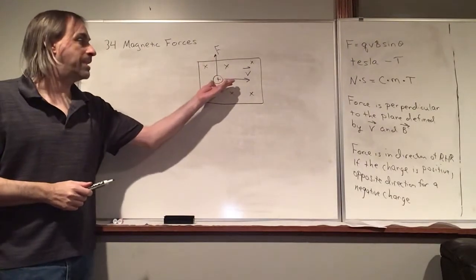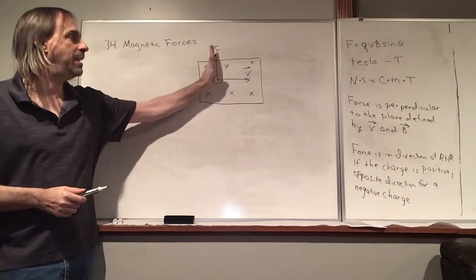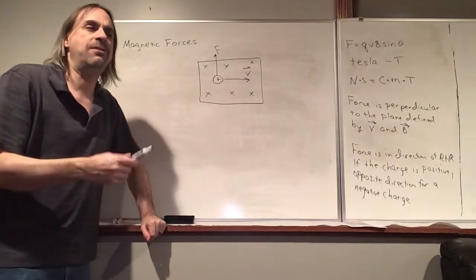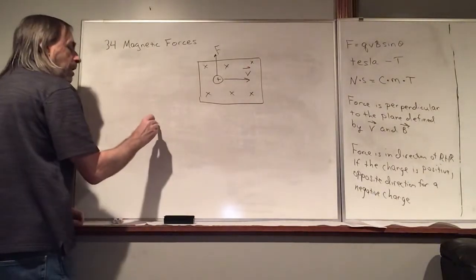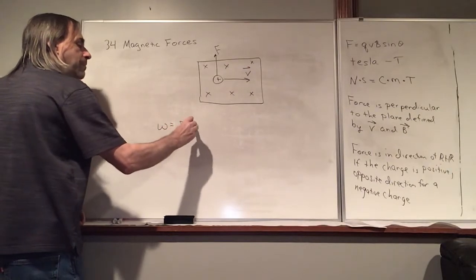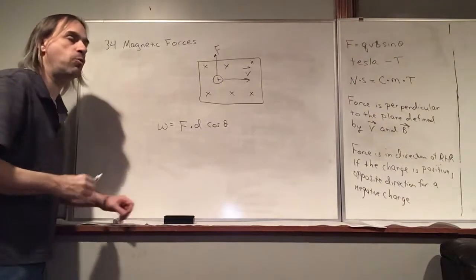Now, it's moving in the direction of the velocity, and what we notice is that the velocity and the force are perpendicular to each other. So in the case of a constant force, the work done by a force is the force times the distance times the cosine of the angle between them.